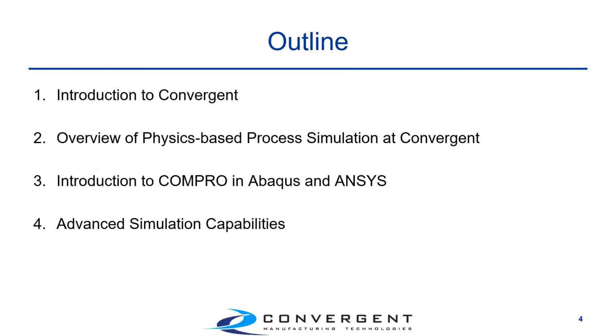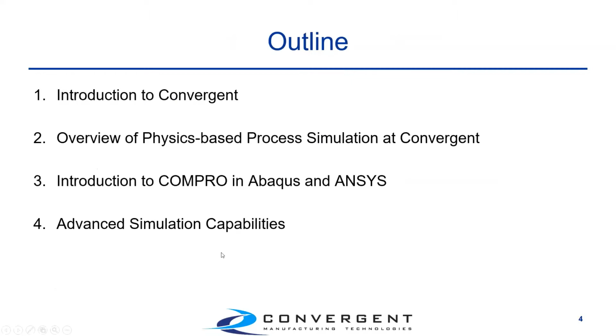So the outline today is this. These are the topics we're going to cover. The introduction to Convergent, and then an overview of the physics-based approach to process simulation. This really talks about the theory behind what our software does. Then we'll go into COMPRO in ABAQUS and ANSYS, two finite element packages that it is a plugin for or works in.